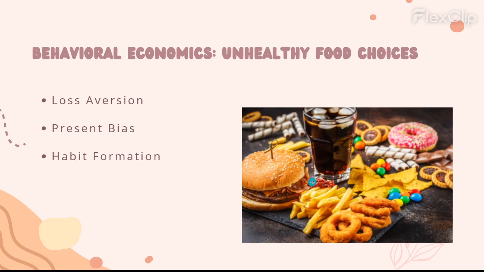And the last slide shows that individuals in the economy often make unhealthy food choices because of behavioral bias, even when they can choose the healthy option. At first this is due to the loss, because individuals believe that healthy food does not provide them satisfaction compared to unhealthy food.